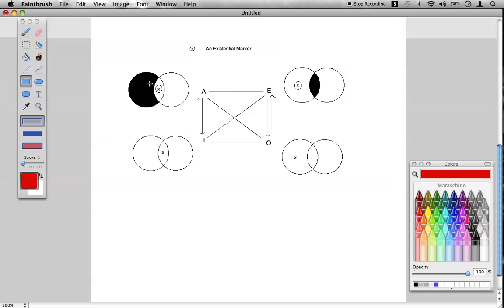So now that we've added our existential marker, it does make sense to say that if all S are P, you can in fact conclude that some S are P. In other words, since there's an X in this region, there can also be an X in this region.